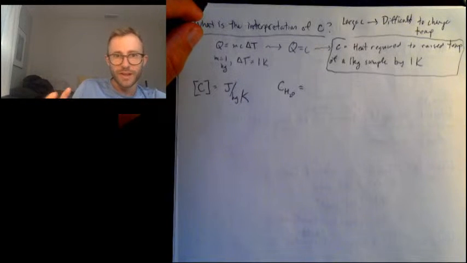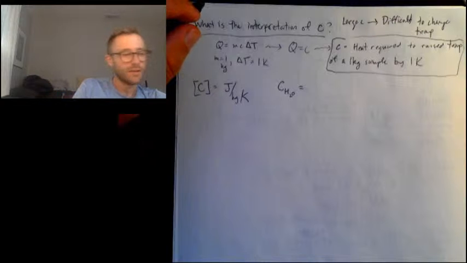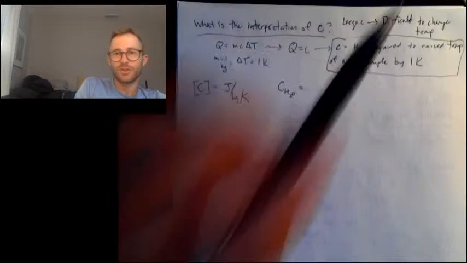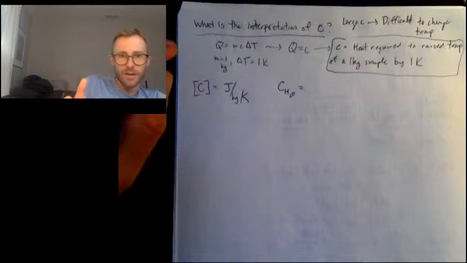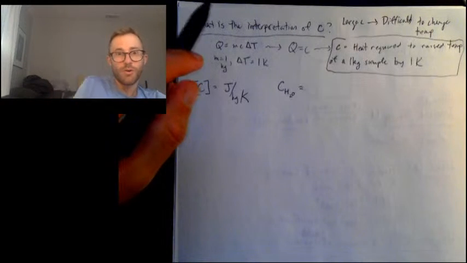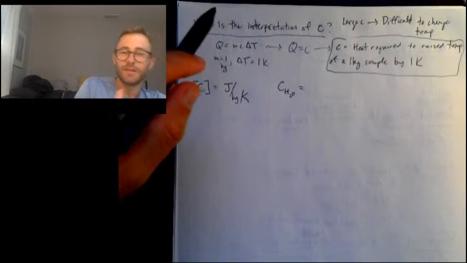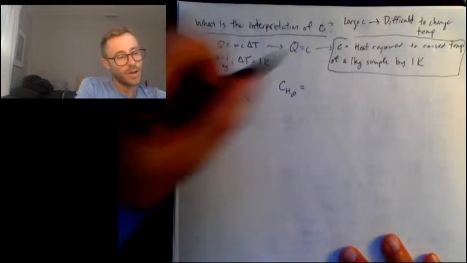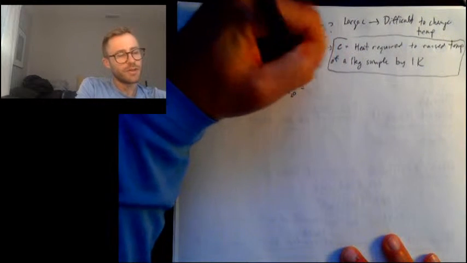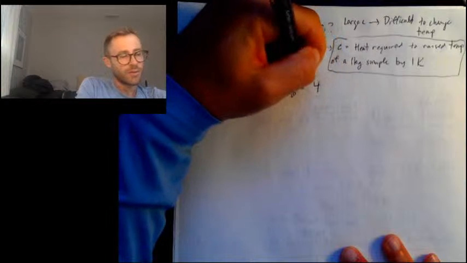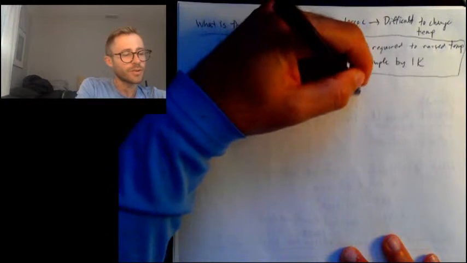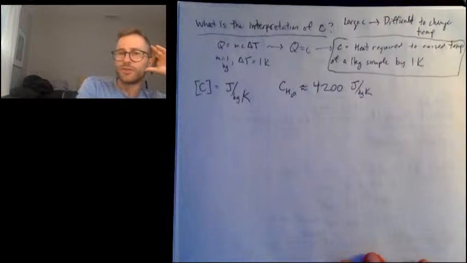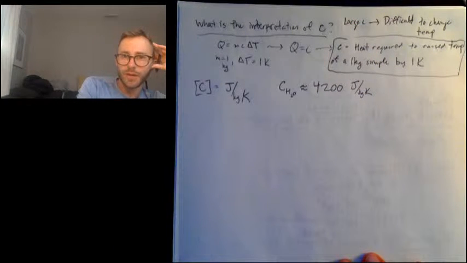In order to pull the heat out, its temperature has to be lower than the thing it's supposed to cool. Because it's difficult to change water's temperature, cold water will stay cold and pull lots and lots of heat from an object that you're trying to cool. The specific heat capacity of water is around 4,200 joules per kilogram Kelvin, and it's just about the largest specific heat capacity. So water is a really good coolant.